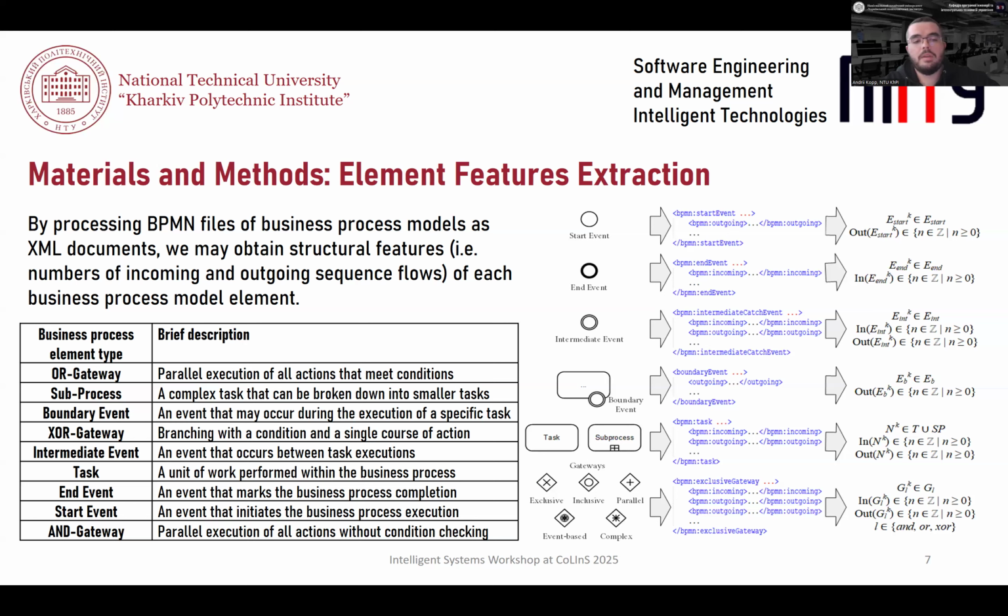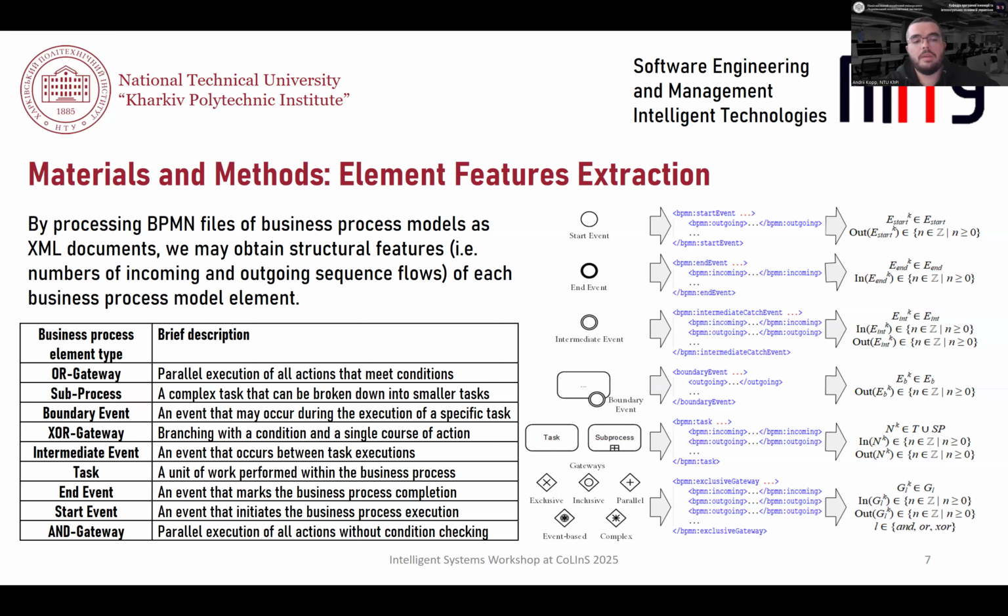So let us consider the predicates for modeling rules checking for all these elements: start events, end events, intermediate events, boundary events, as well as tasks, sub-process, and gateways.